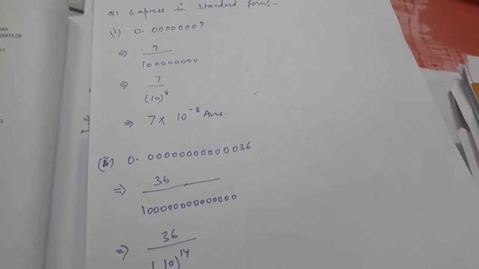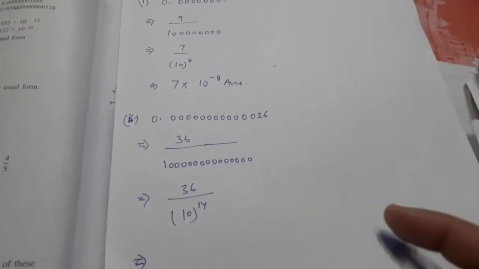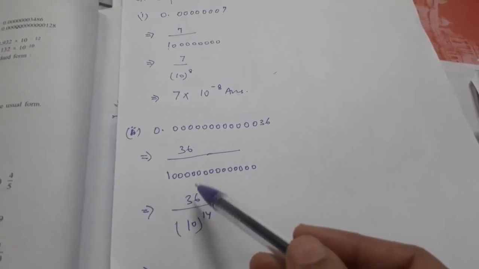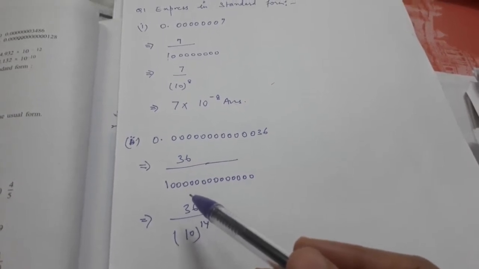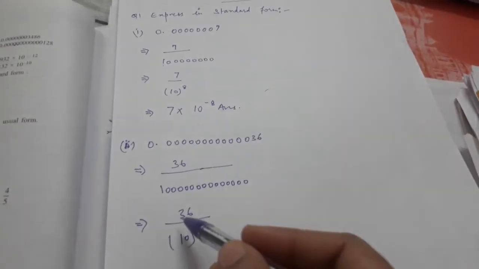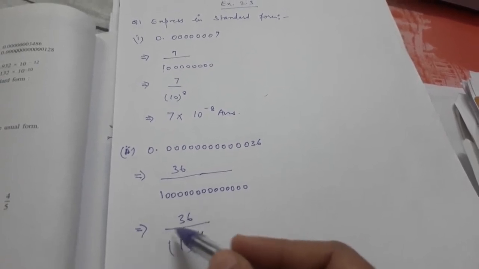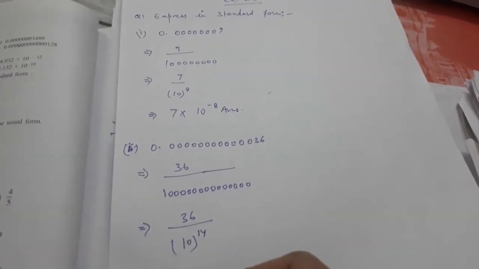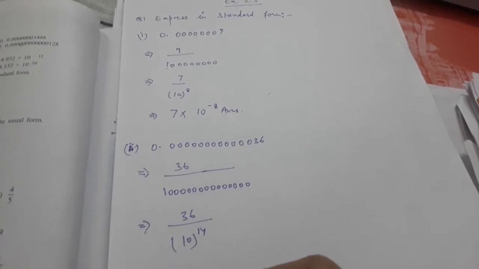One thing to keep in mind is if the number is more than one digit. In our earlier part, 7 was a one digit number, but 36 is a two digit number. So if the number given to us is more than one digit, we have to put the decimal sign just after the first digit.